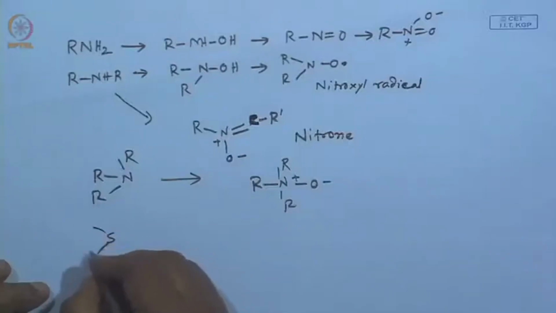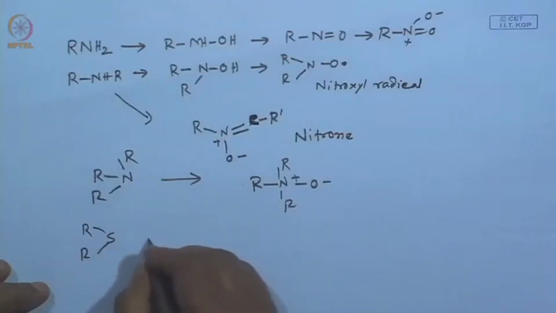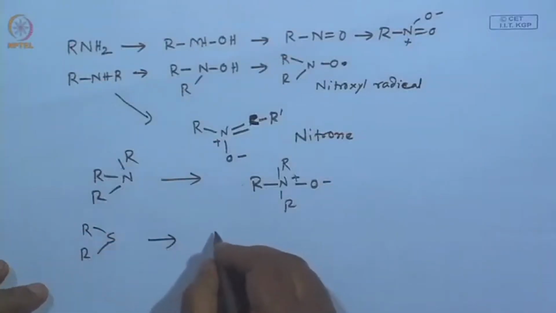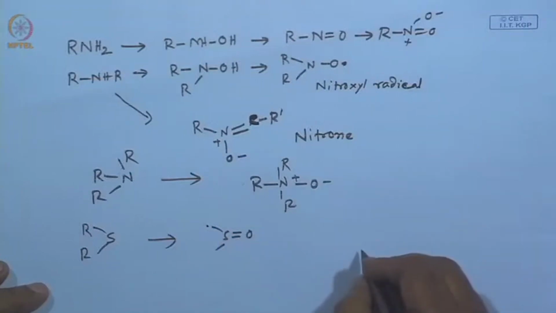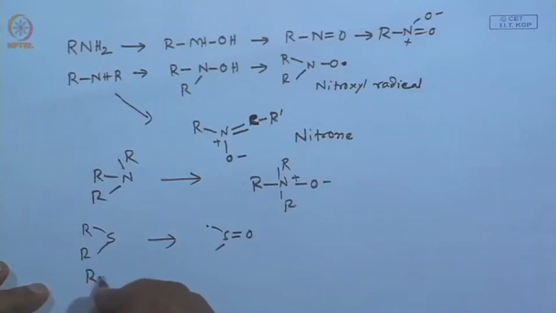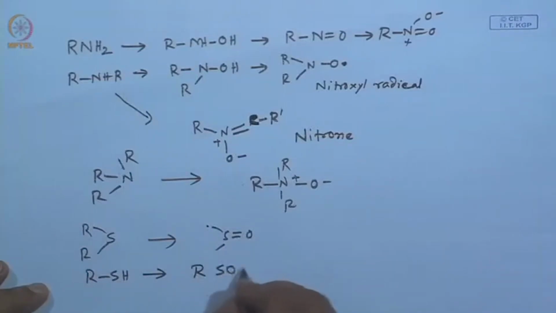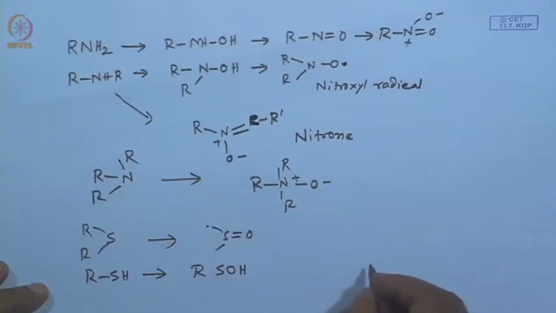Now, similarly, when you have a sulfur compound, I think many of you know now, the next step is the disulfide, then you have sulfoxide, right, these are all things. Then what next? Sulfone. Similarly, when you have, let us say, SH, it goes to SOH, sulfenic acid, then 2 oxygen sulfinic acid, 3 oxygen sulfonic acid.